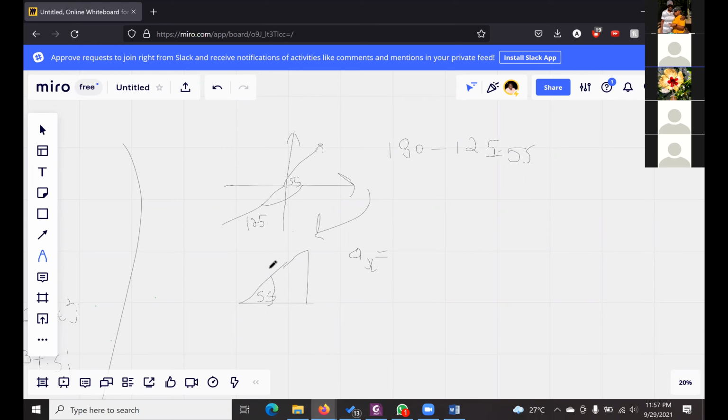So is it 4 cos 55? 4 cos 55. But I think it would be minus, based on how this is. I think it would be minus.